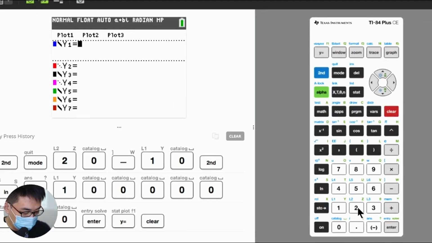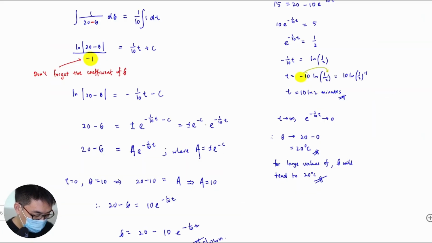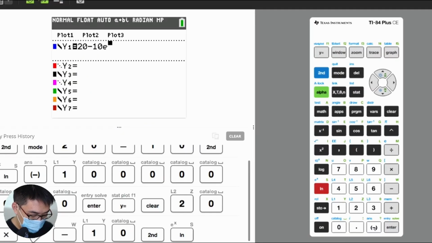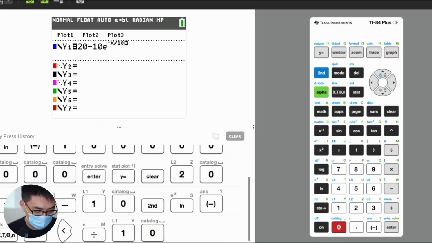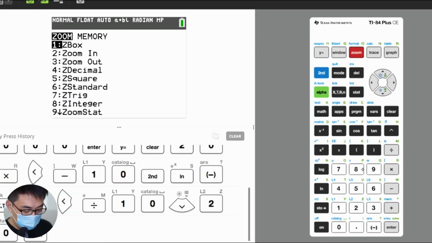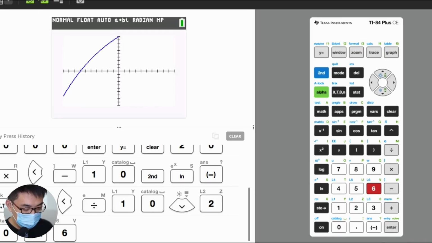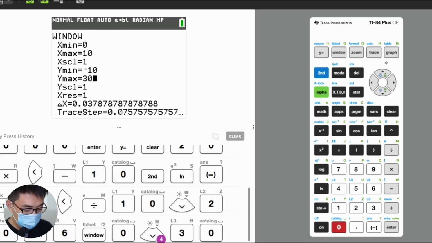So this is 20 minus 10e to the power of negative x over 10. Just key this in. Make sure you understand that the asymptote is 20, and then your window value, please know that it's above. So for the window value, change x to 0 to 10 maybe, and y axis maybe put 30.